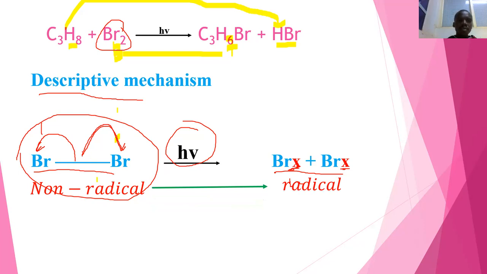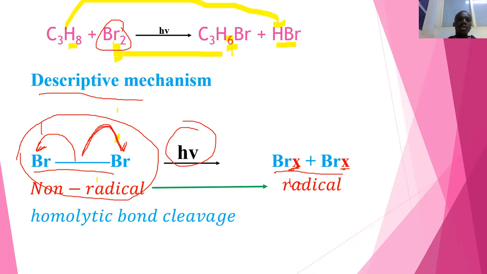The movement of electrons is shown by a half arrow, or hook arrows, that you can see that way. So we have said the bond that holds the atoms together is called the cleavage bond, the homolytic cleavage bond.